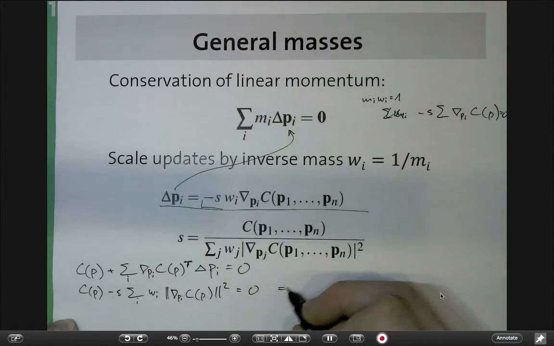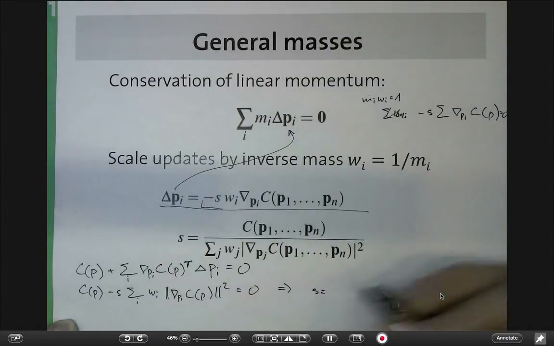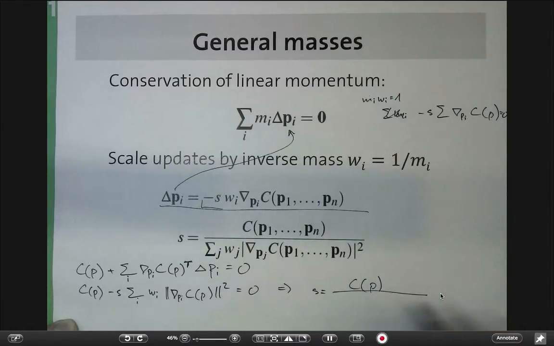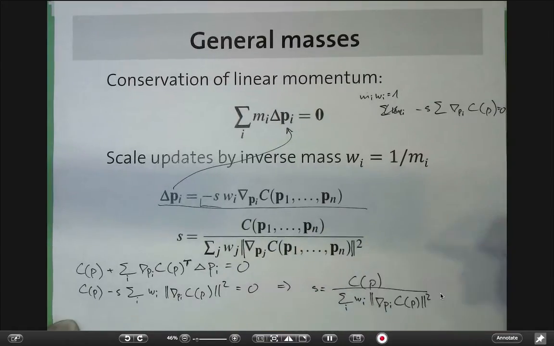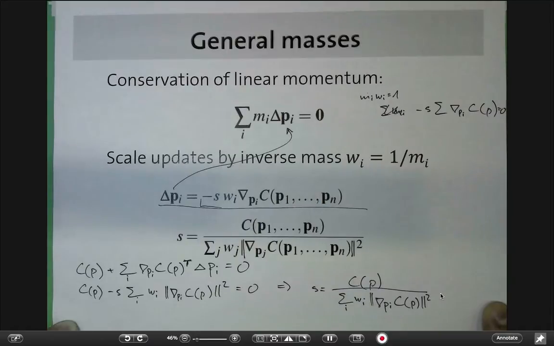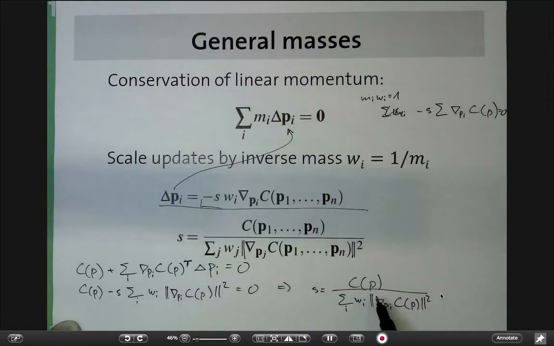And from this, I will see that the S is nothing but, I guess that's the reason for the minus there, so that the minus disappears here, because this is what I will get. Sum of Ri Wi times the norm, the gradient, Cp, squared. So here, this is where it came from, basically.